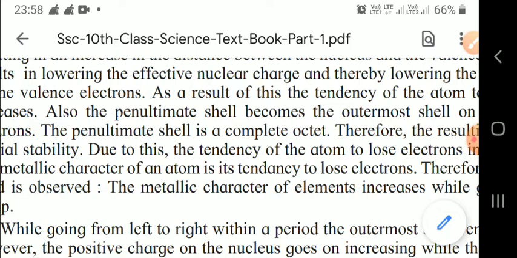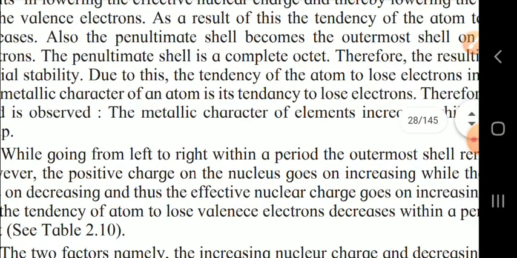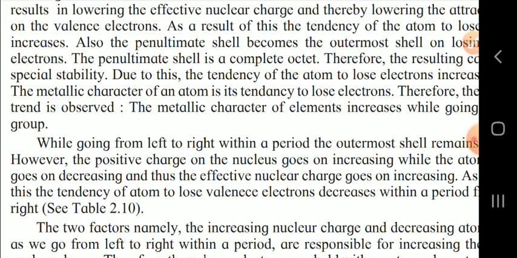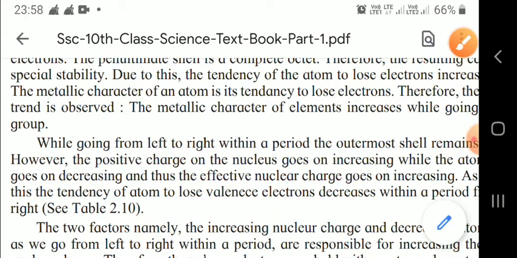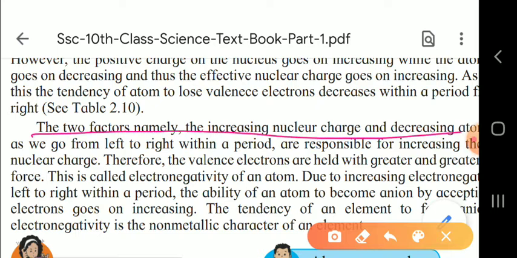This you have to underline. First thing, this fully you have to underline, and then here, the two factors that you have to underline.